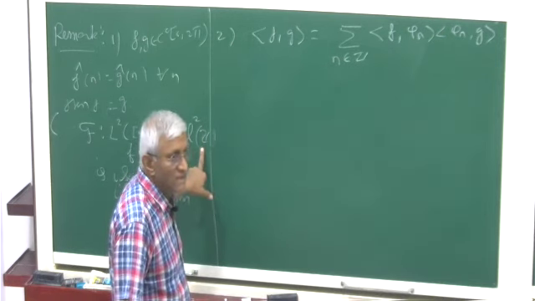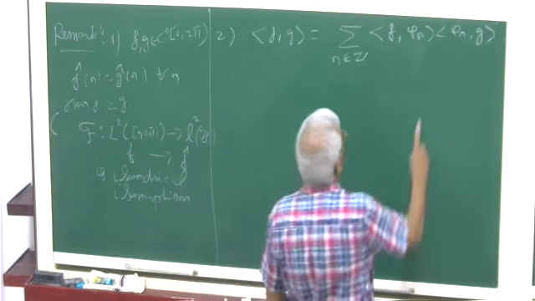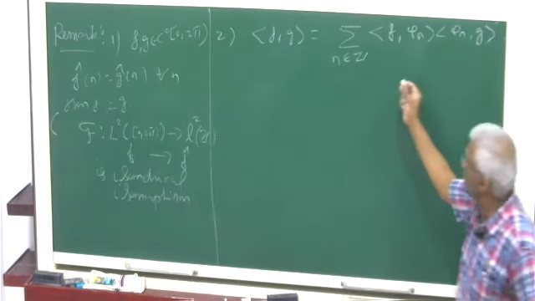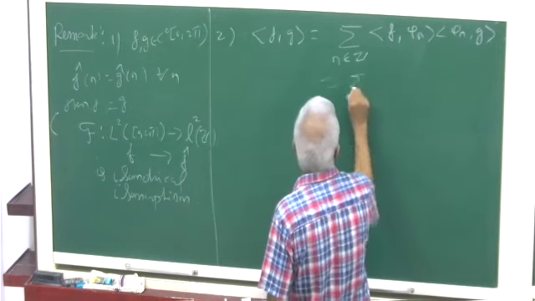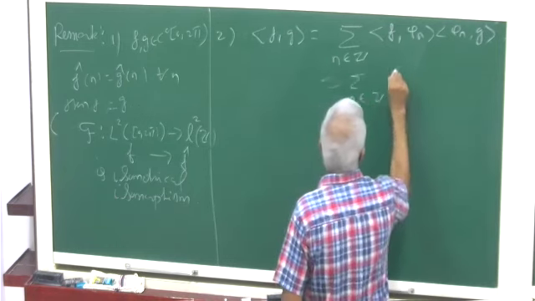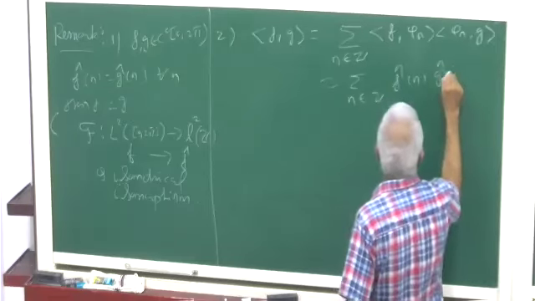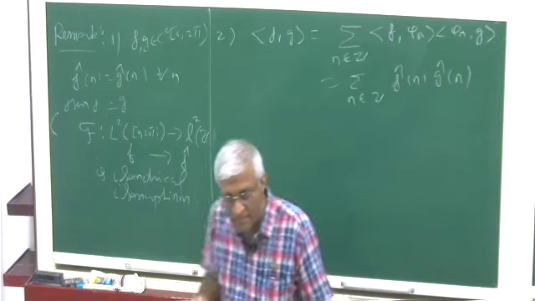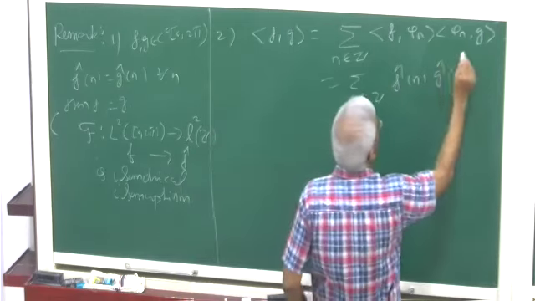Does it look like something else? This is the property of the orthonormal basis we proved. Okay. This is just an inner product, and then maybe the bar.